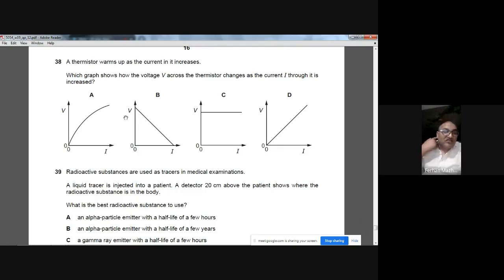So A is the best option. And when you increase the current, the voltage drop will also increase. But a thermistor is not an ohmic conductor, it's a non-ohmic conductor. So the competition is between A and D. Then A will be the option because it's a non-ohmic conductor, so the graph will be a curve, it's not a straight line.